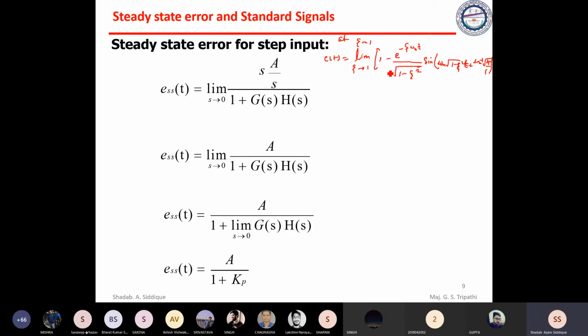We will try to substitute in this and see what equation we get.